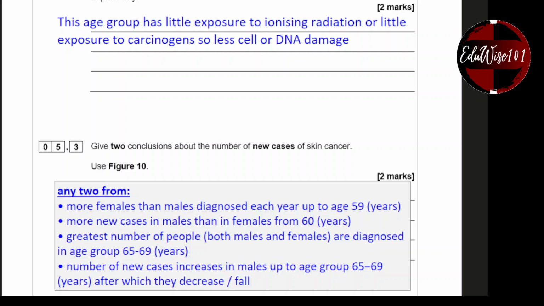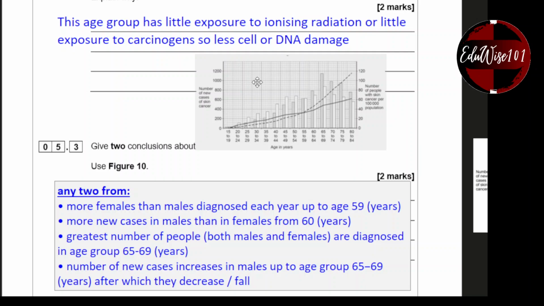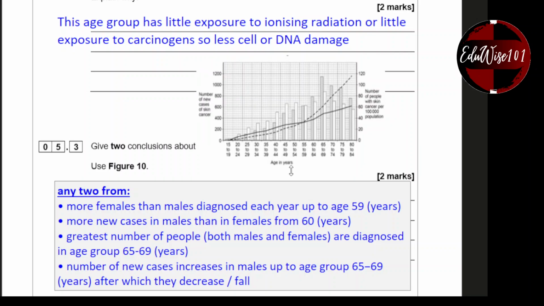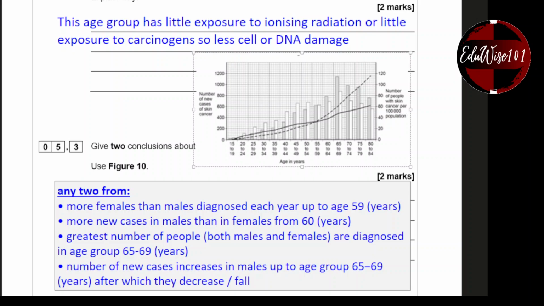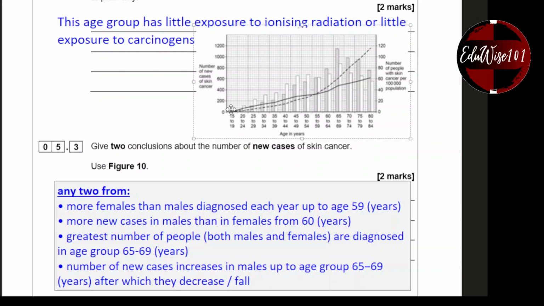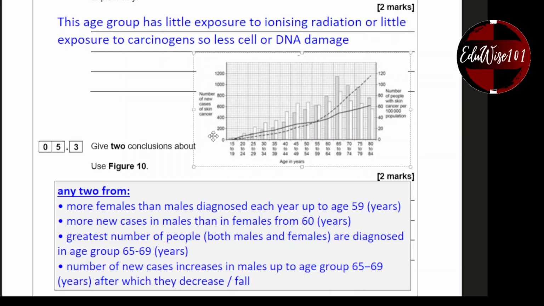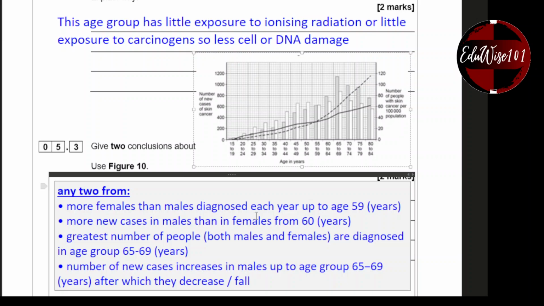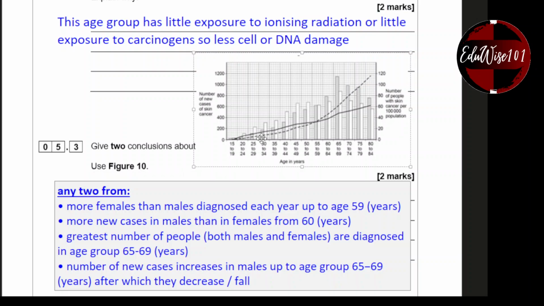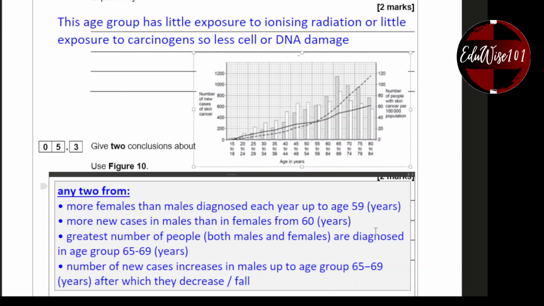It will be helpful if I bring in the graph a little bit. Let me do that. So here's the graph. Should be able to see a little bit, right? So give two conclusions about the number of new cases of skin cancer. More females than males are diagnosed each year. The female, the white bar, is much higher, up to age 59.